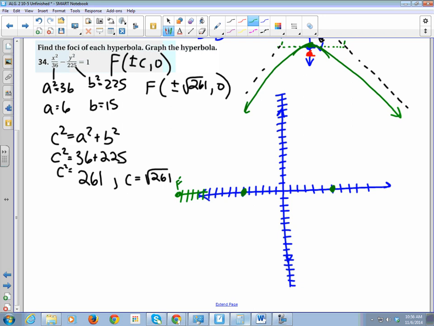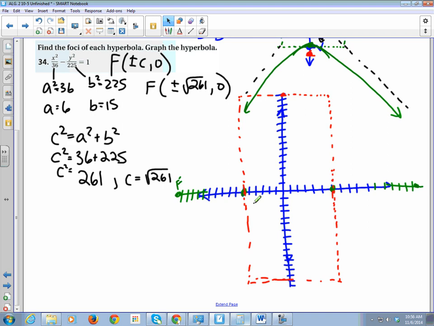So we're going to open up around it. And then I need to draw my AB box. So if a is here, we're going to draw our box out here, and then b is 15. So I draw my AB box so that I can draw my asymptotes.